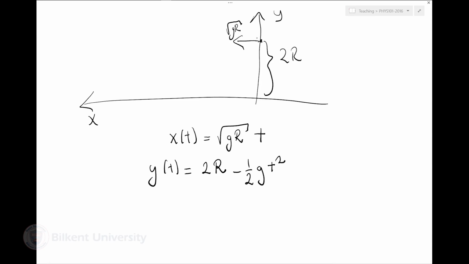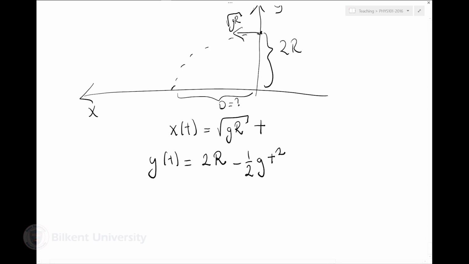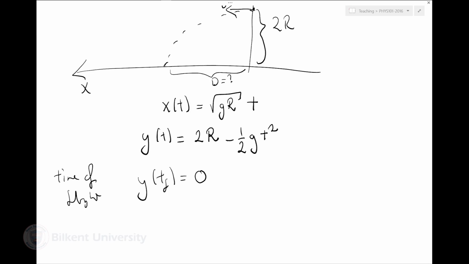What would I like to calculate? I would like to calculate the x coordinate, which I call d, when y is 0. So find the time of flight: y at tf is 0.